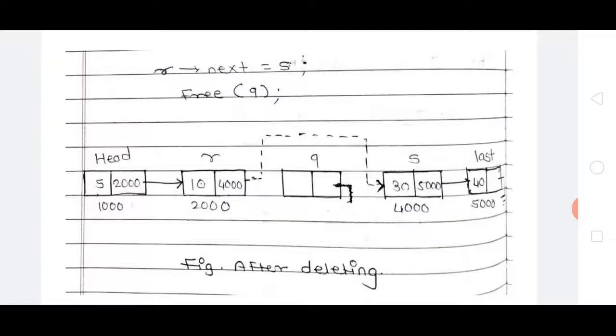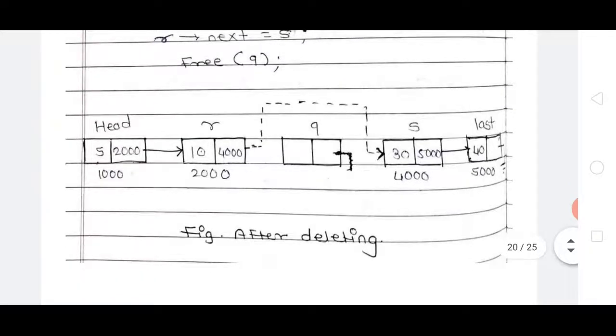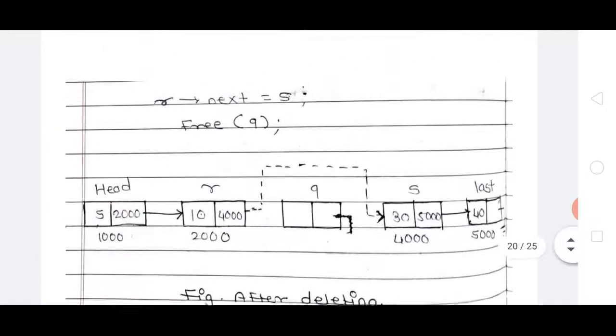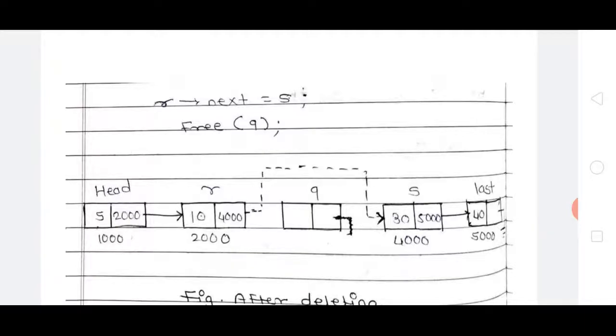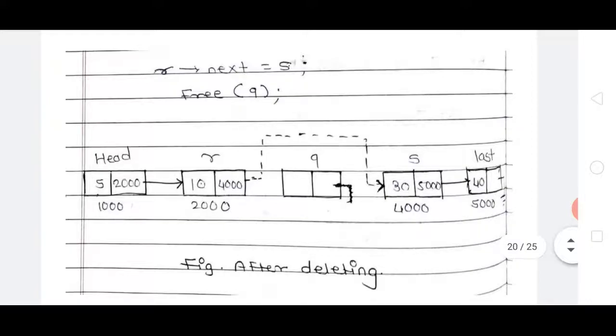Suppose if you want to remove the middle element, first we have to set the pointer r at the left side and pointer s at the right side of the node. Now see the statement r is the pointer pointed to next is equal to s. Means that whatever address is stored in pointer variable s is assigned to pointer next.